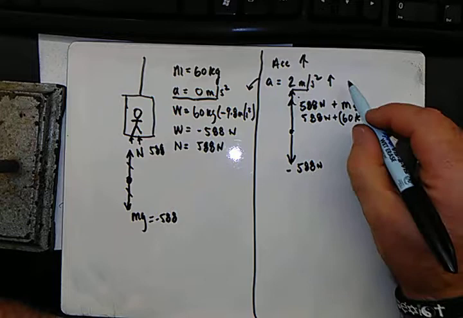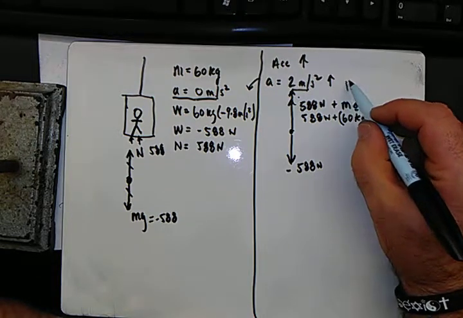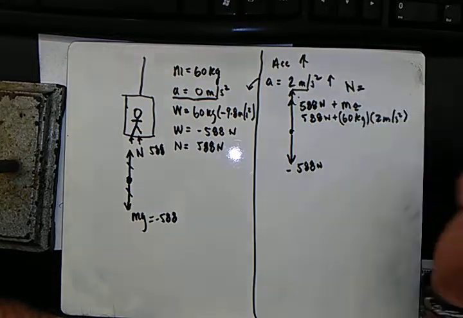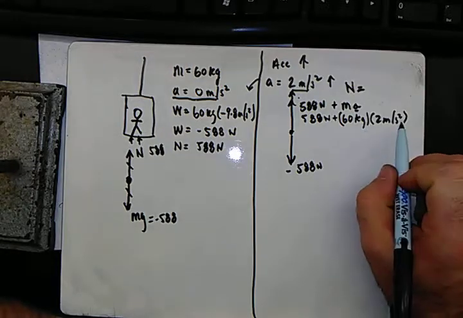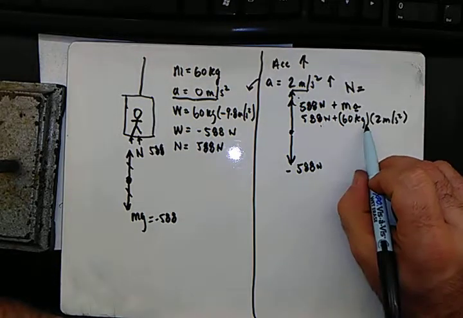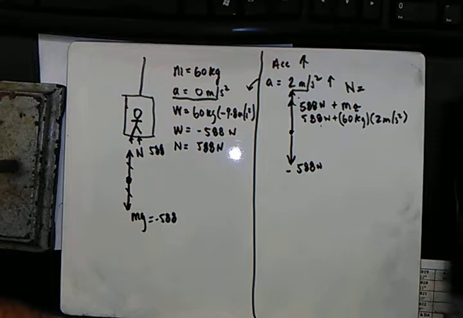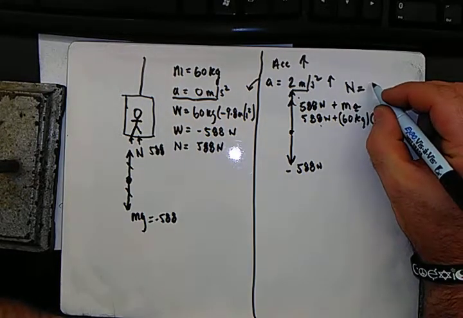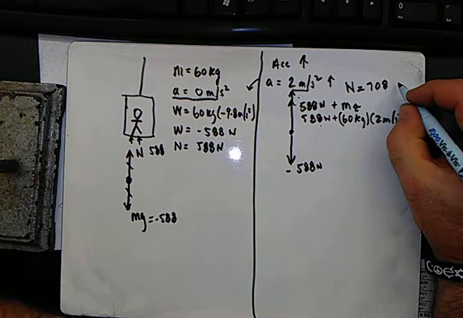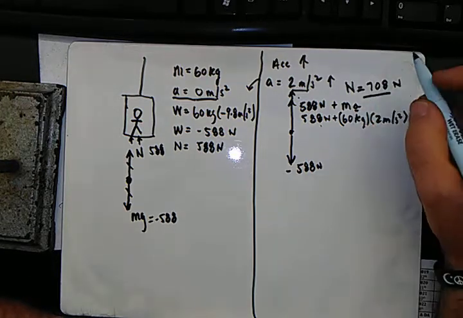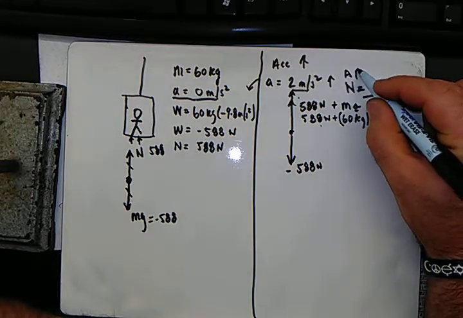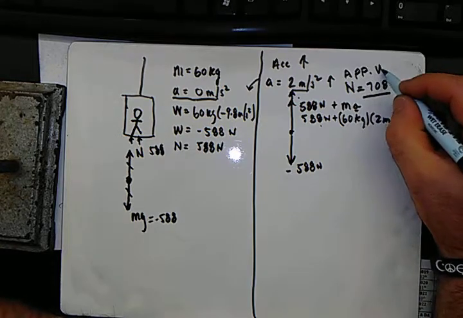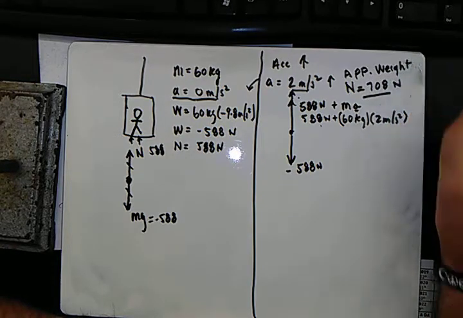I've got what seems to be an apparent weight, a normal force, of 588 plus 120. So our new normal force is 708 newtons, and this also can be called apparent weight.